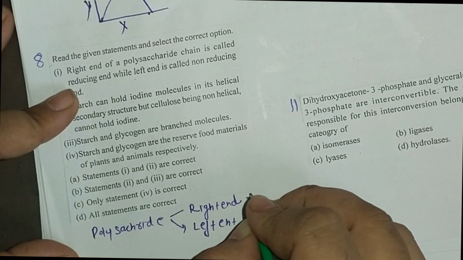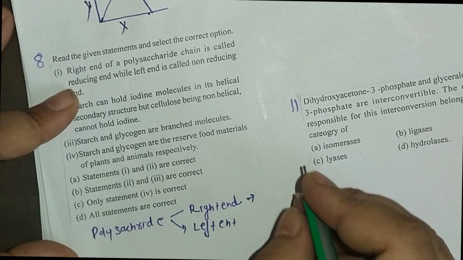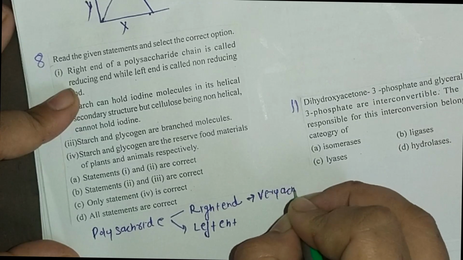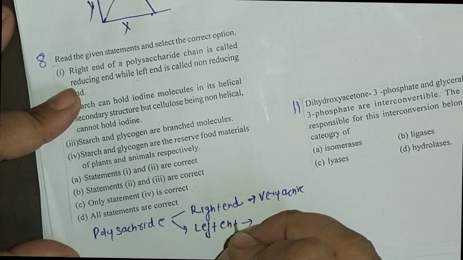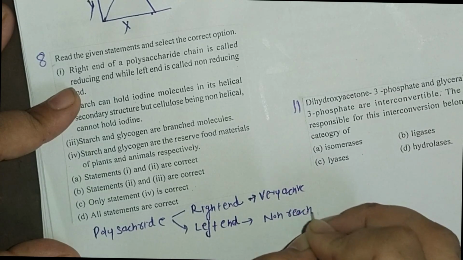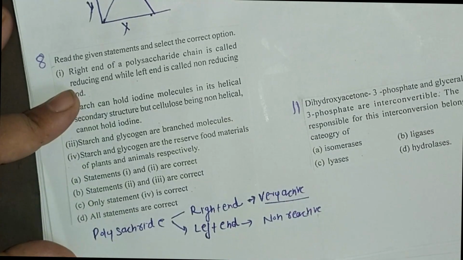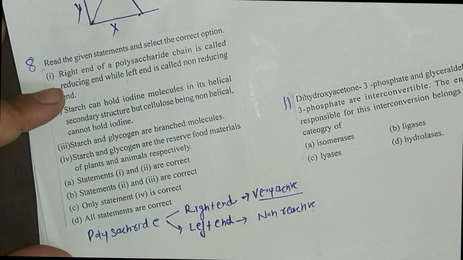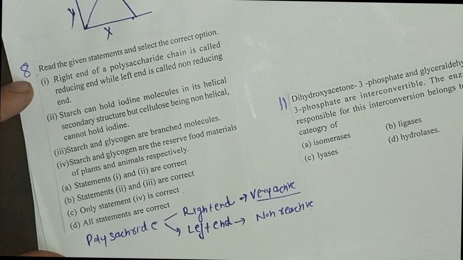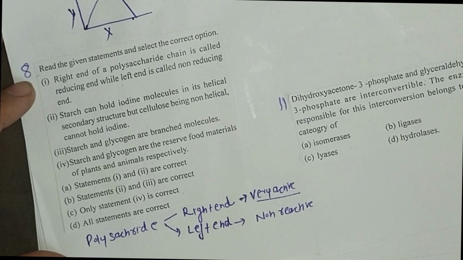The right end is very active, while the left end is non-reactive. So we can mention it: the very active end is known as reducing end, and the non-reactive end is known as non-reducing end. So the left end is non-reducing.